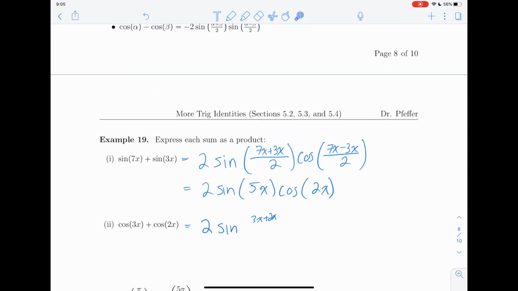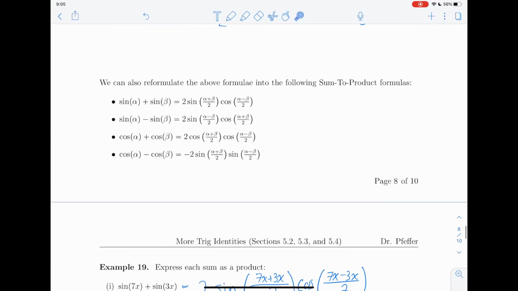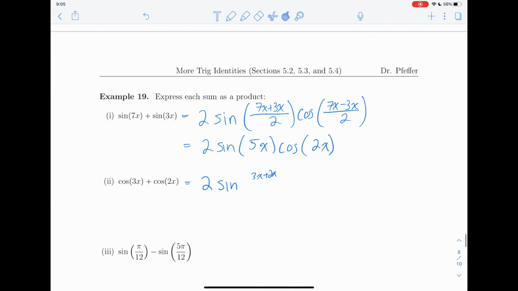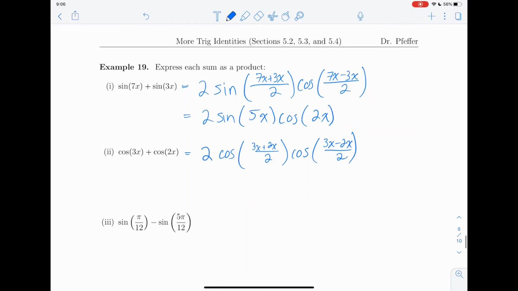The sum of the cosines has cosines as the products. So this shouldn't be a sine at all. That should be a cosine. So we're going to get 2 times the cosine of 3x plus 2x over 2 times the cosine of the difference, 3x minus 2x over 2, which you could simplify if you'd like.